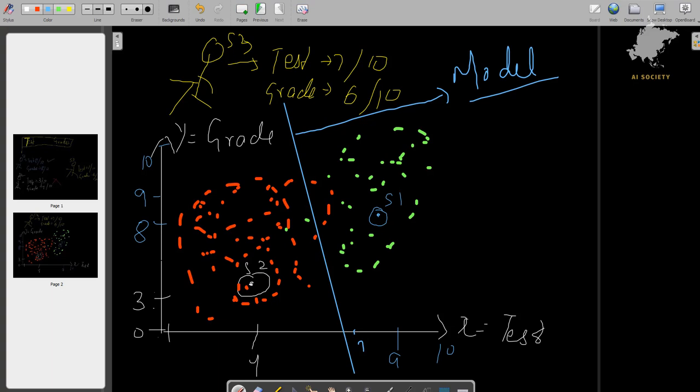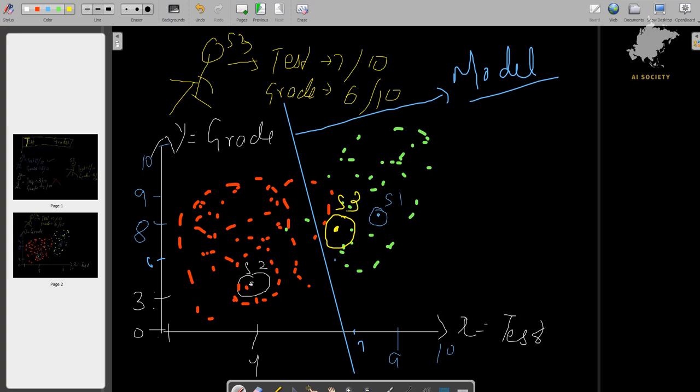This one is 6. So according to this, the student is lying here. Let me put it in yellow so that you don't get confused. The S3 student is lying here, according to the 7 and this 6.